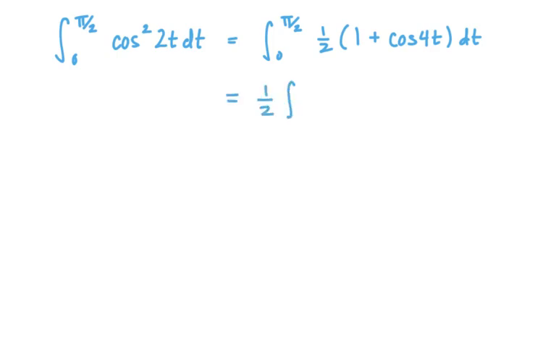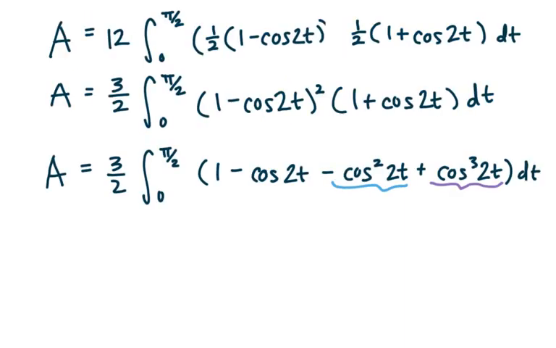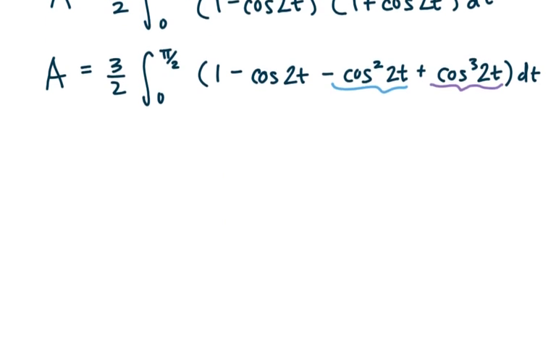That would be 1/2 the integral from 0 to pi over 2 of 1 plus the cosine of 4t dt, which is 1/2 times the integral of 1, which is t, plus the integral of cosine 4t, which is the sine of 4t over 4, and we'll evaluate that from 0 to pi over 2. So if I plug in pi over 2 and I plug in 0, I end up with an output value of pi over 4.